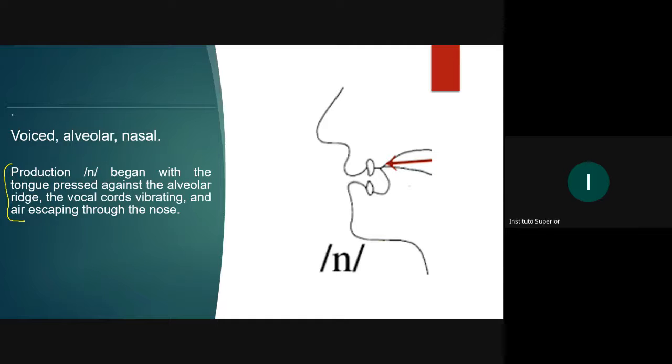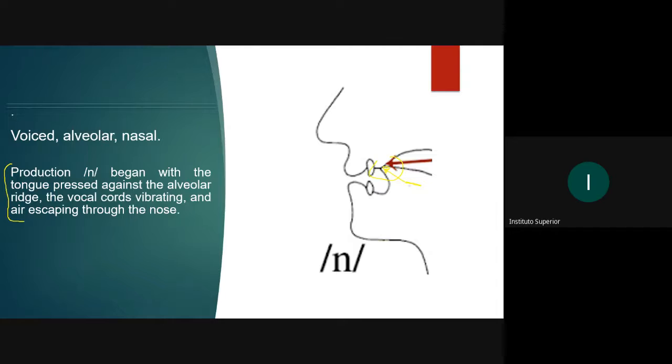Yes. The production begins with the tongue pressed against the alveolar ridge, like in the picture. Here we have the picture, our tongue going to the alveolar ridge.